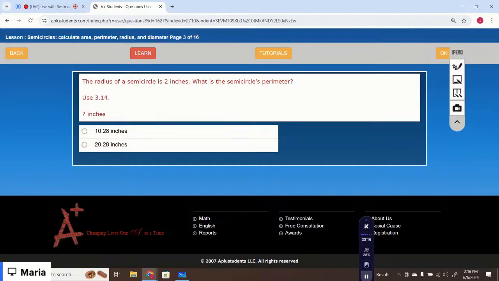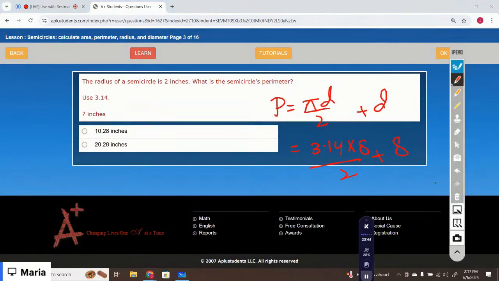The radius of the semicircle is 2 inches. What is the semicircle's perimeter? We need to find the perimeter. The perimeter of the semicircle is pi d divided by 2 plus d.